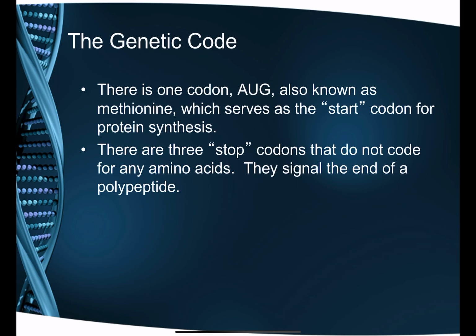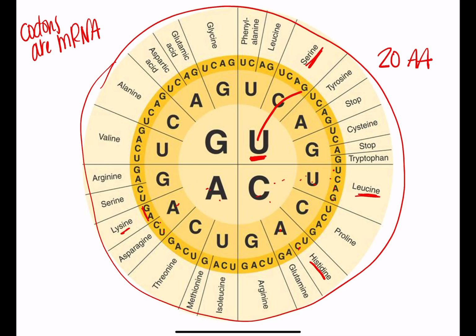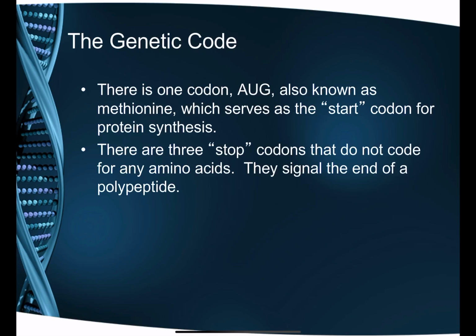So, there's one codon, AUG. Let's look at it here. AUG codes for methionine. Methionine is the start codon. So methionine tells you to start making your amino acids. So you've got a methionine, and then you've got a code for a codon, and then you'll go until you see a stop. And that's the end of that protein. This space in here is a gene. There's going to be several codons in there though. Okay?